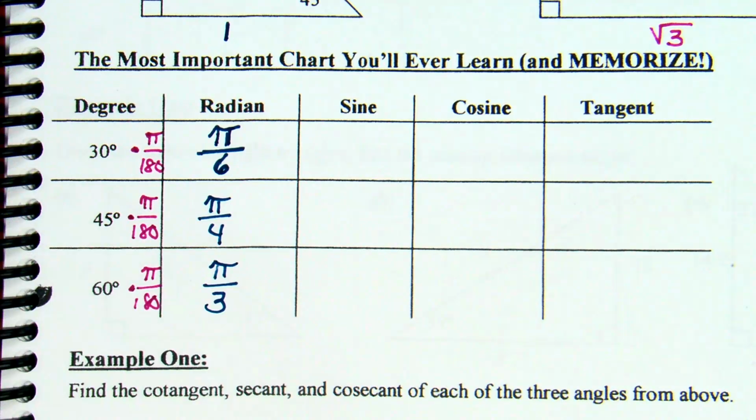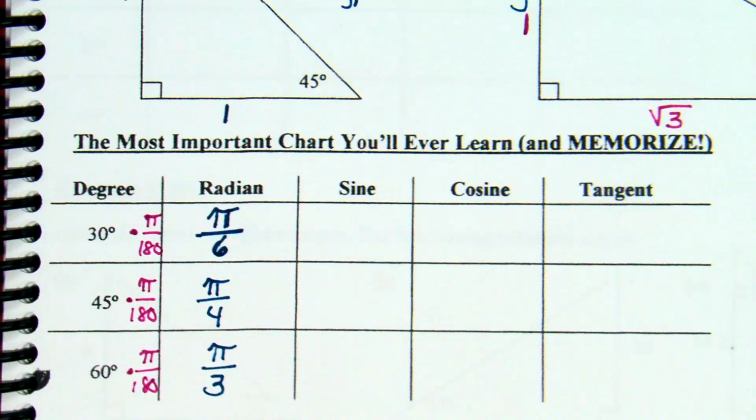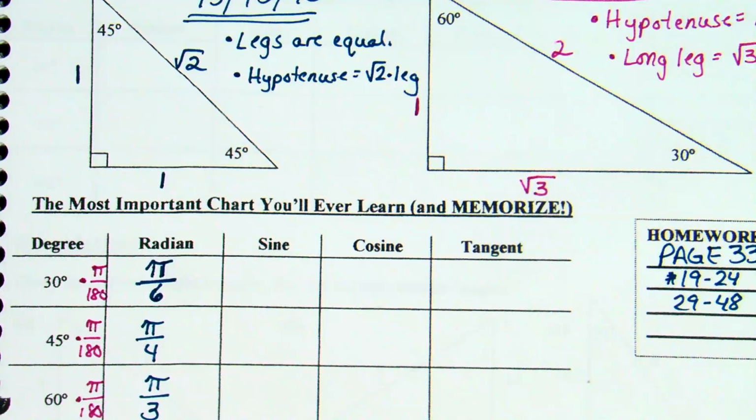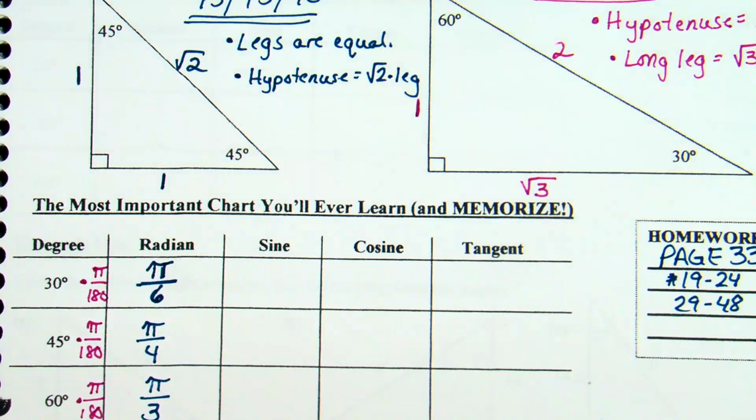Okay, guys. In that first box we're going to fill in the sine of 30 degrees. How can I find the sine of 30 degrees? What is sine? Opposite over hypotenuse, yes.